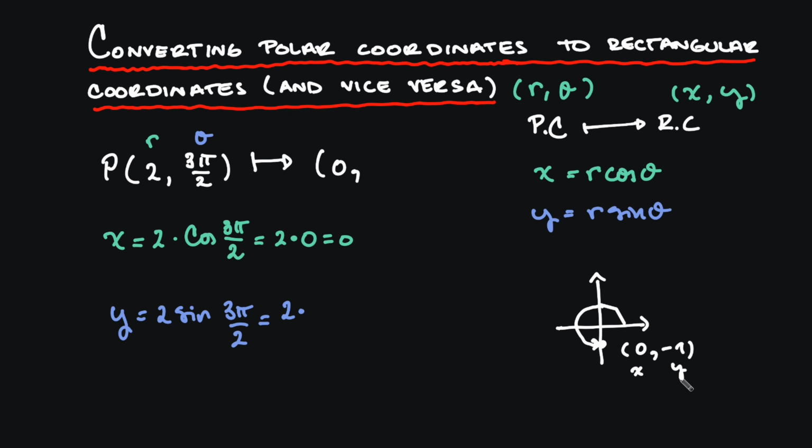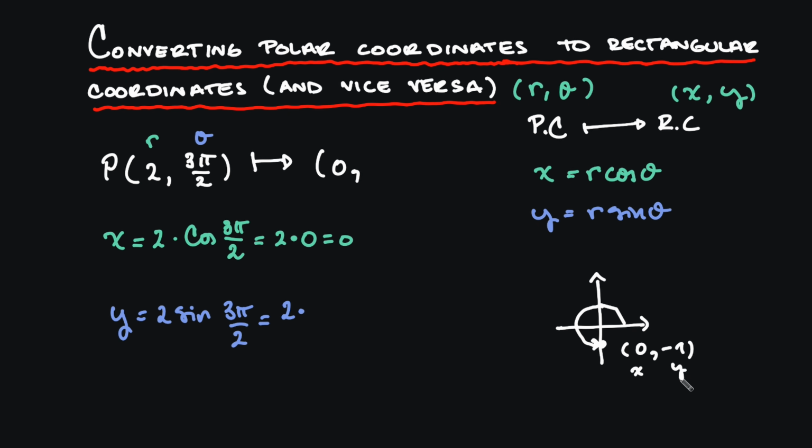What will be the value for y? We need to basically repeat this process. y is equal to 1 times sine of 5 pi over 6. If we do the same analysis, we know that sine is going to be positive in this quadrant.